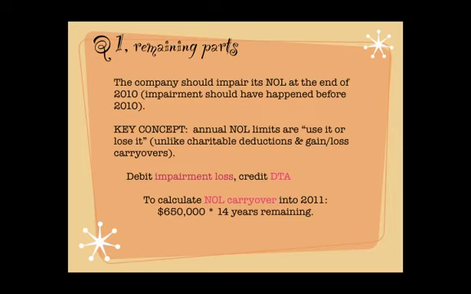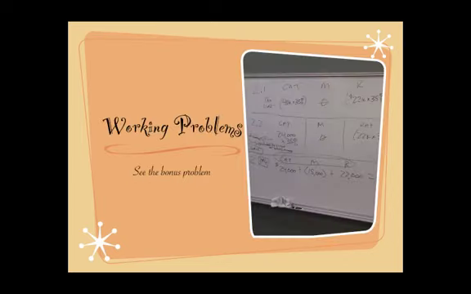With our assumptions, the impairment brought the NOL down to 11.7 million. You could count up all the foregone NOLs. All that's a real complicated way to get at what you can do by just looking at how many years are remaining on the life of this NOL. In this example, it's 14 more years. Each of those years has a $650,000 cap associated with it.